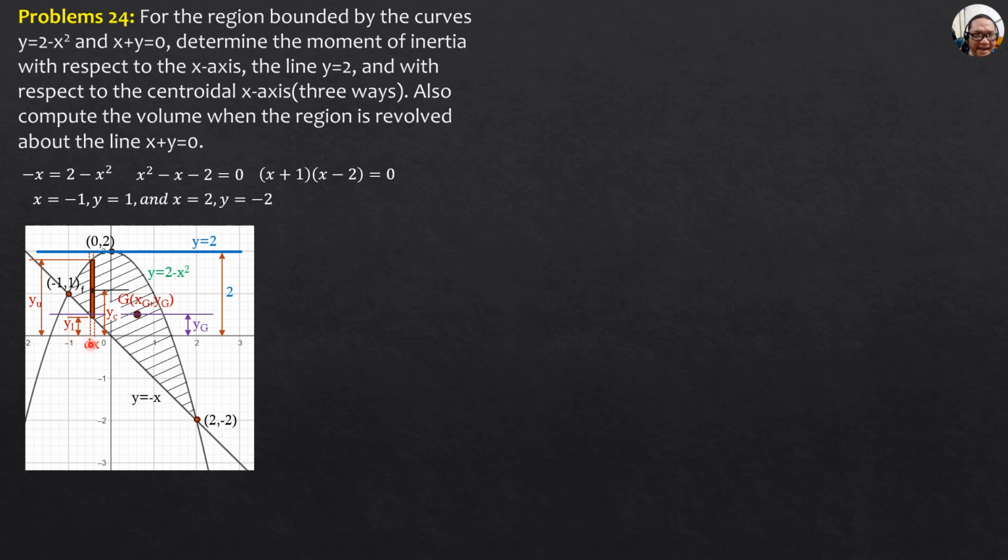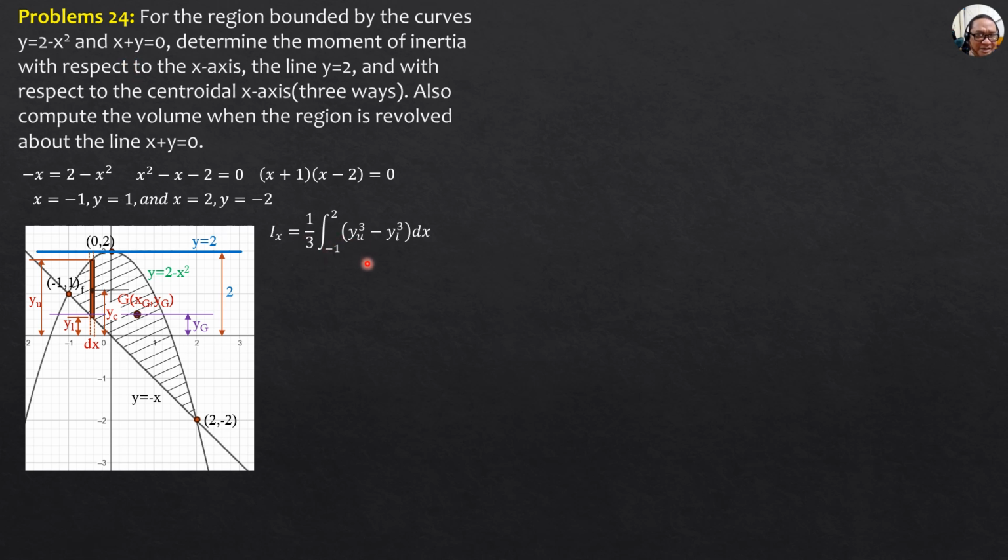Therefore, Ix is equal to 1/3 integral of the quantity upper y cubed minus lower y cubed dx. Replacing upper y with the y of the parabola, the upper y is 2 minus x squared, while the lower y is, because y is negative x, negative x.